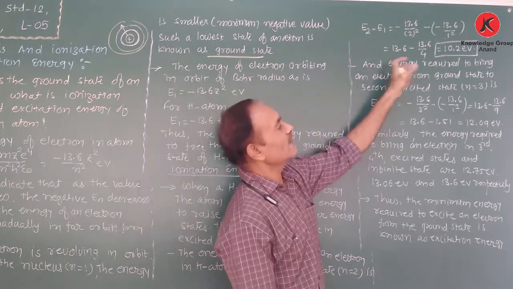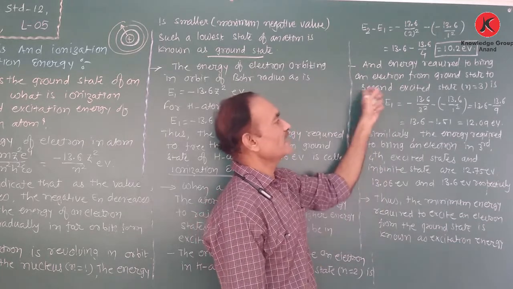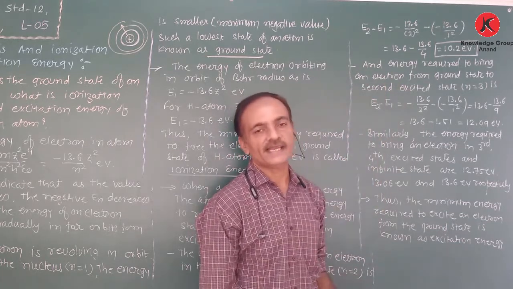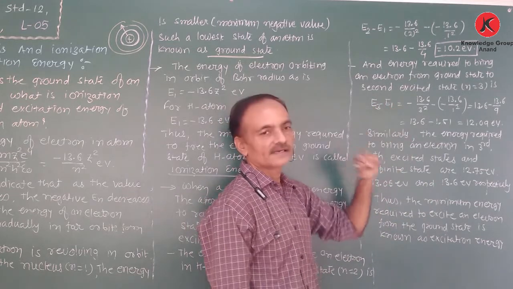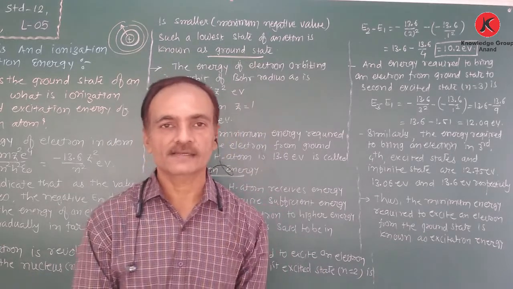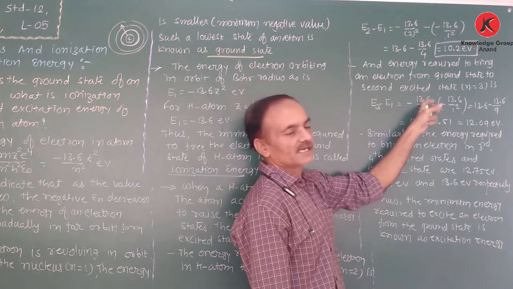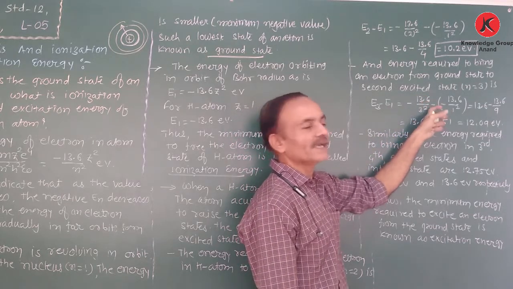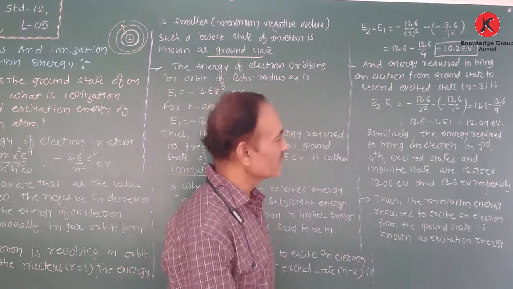Now, the energy required to bring an electron from the ground state to the second excited state, that means n equal to 3, is E3 minus E1. That means the energy difference between these two energy levels. So E3 minus E1 is equal to minus 13.6 upon 3 square, minus into bracket minus 13.6 upon 1 square.